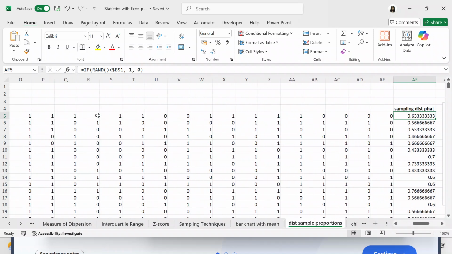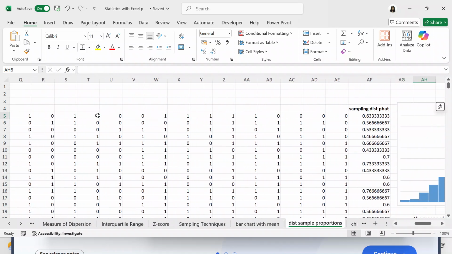And then we calculate the p-hat, the sampling distribution p-hat. So that's your mean, the average of B5 to AE5. So what you're doing is you're averaging a row.